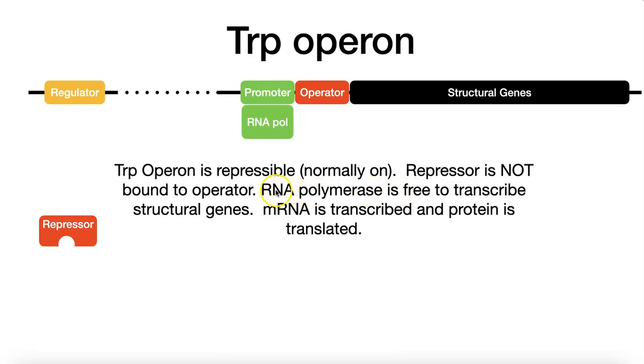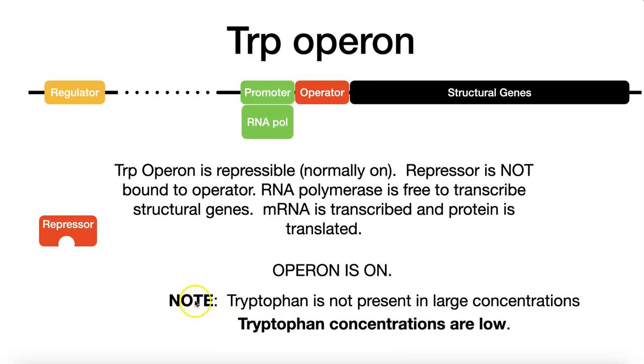And that, of course, allows RNA polymerase, shown here in green, to access the structural genes. So it's going to transcribe, and then those genes are going to be translated. So the operon is on. And another thing to note is in this diagram, there is no tryptophan present, or the concentrations are so low they're not shown.